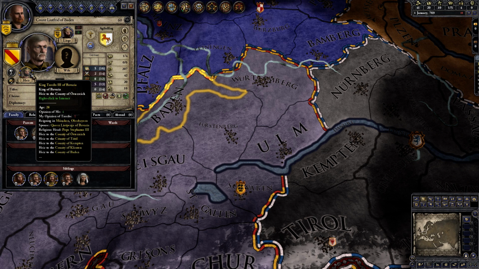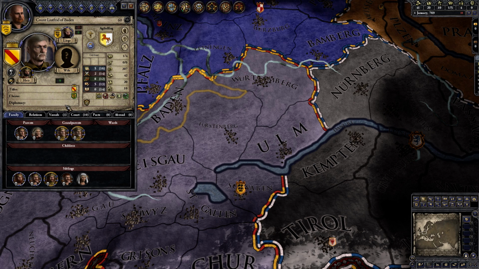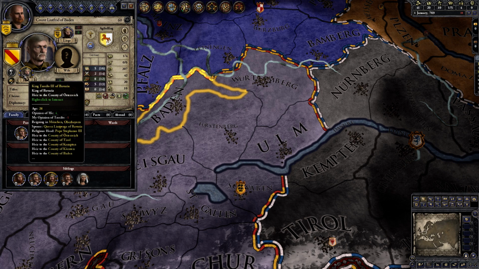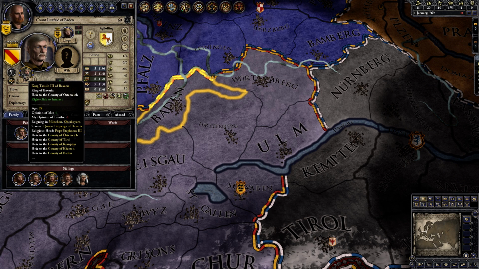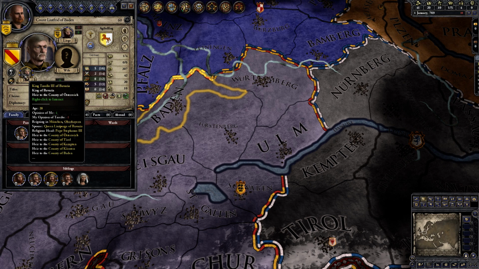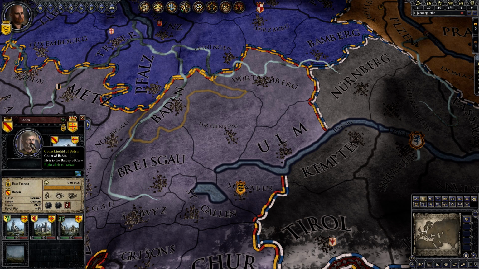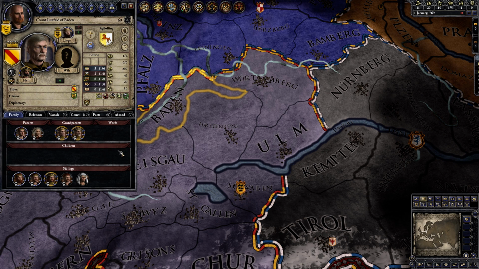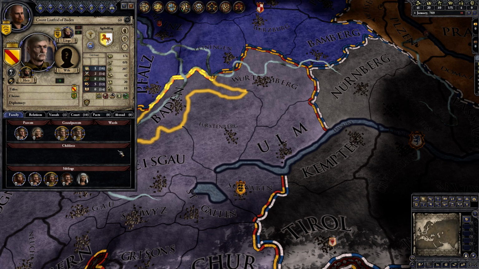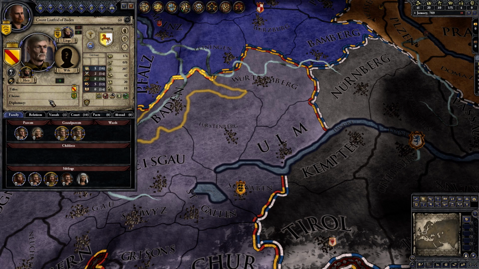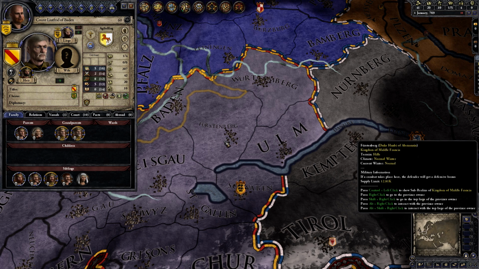Which is interesting, since when he dies, the King of Bavaria will get his land. And since he's already 60 years old, not married, and this is the Middle Ages, this is not that improbable.